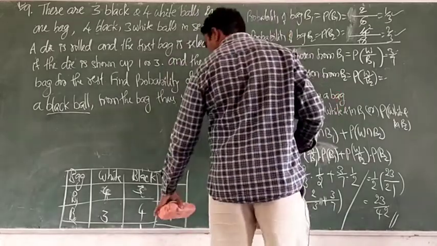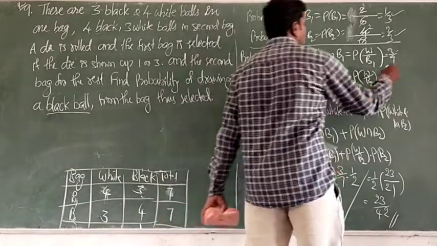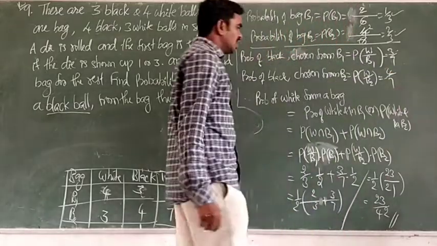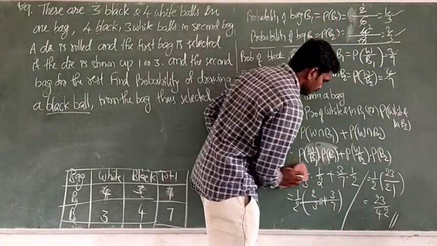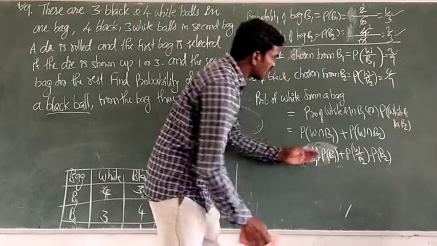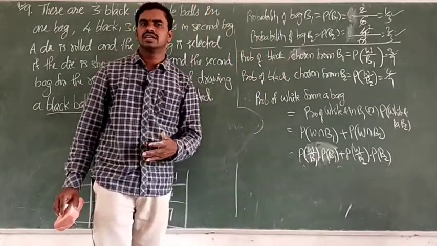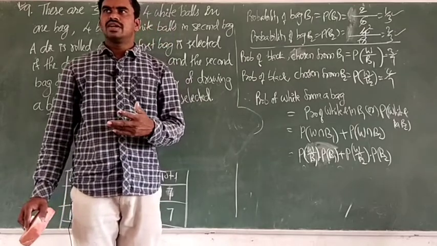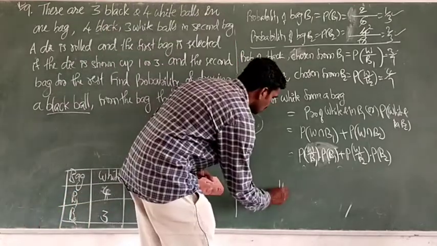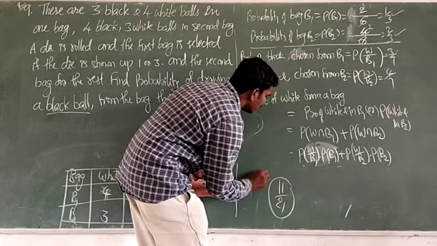How many black balls in B2? 4, so 4 by 7. Substitute in the formula. What is the answer? 11 by 21. So 11 by 21 is the answer, you do it.